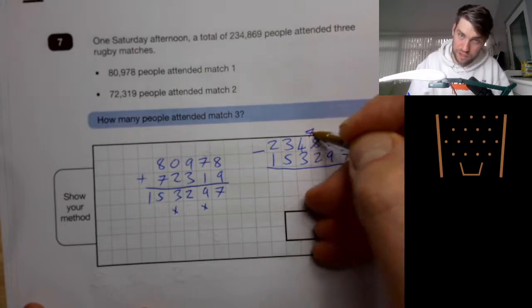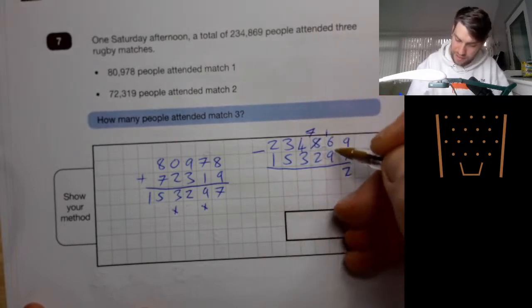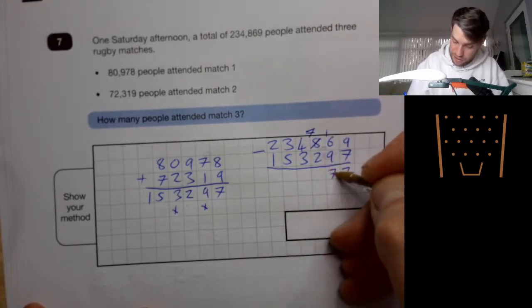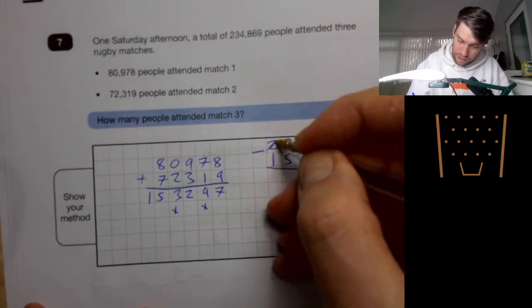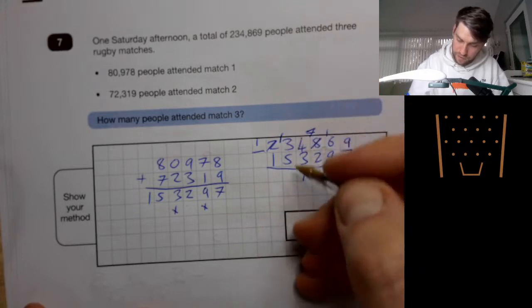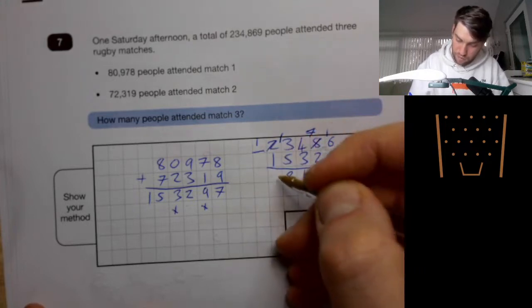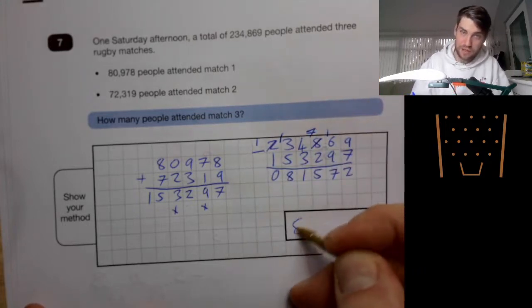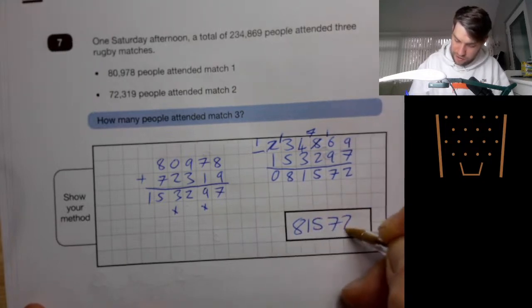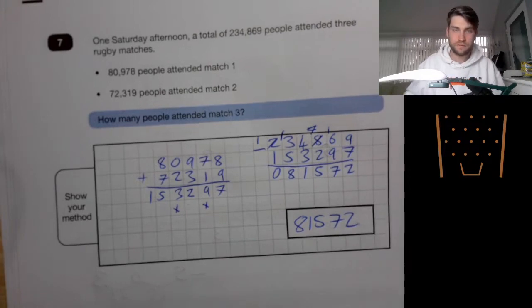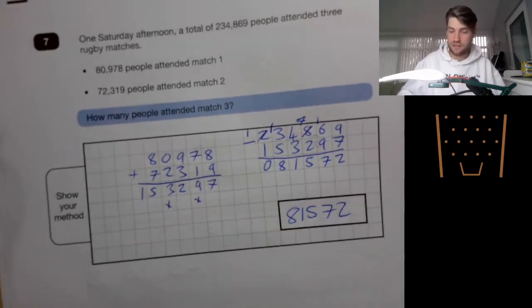So that becomes a 7. Taking 1 here. 16 minus 9 is 7. Minus 2 is 5. 4 minus 3 is 1. Can't do that. 30 minus 5 is 8. 1 minus 1 is 0. So our answer is 81,572. All right, question 7.